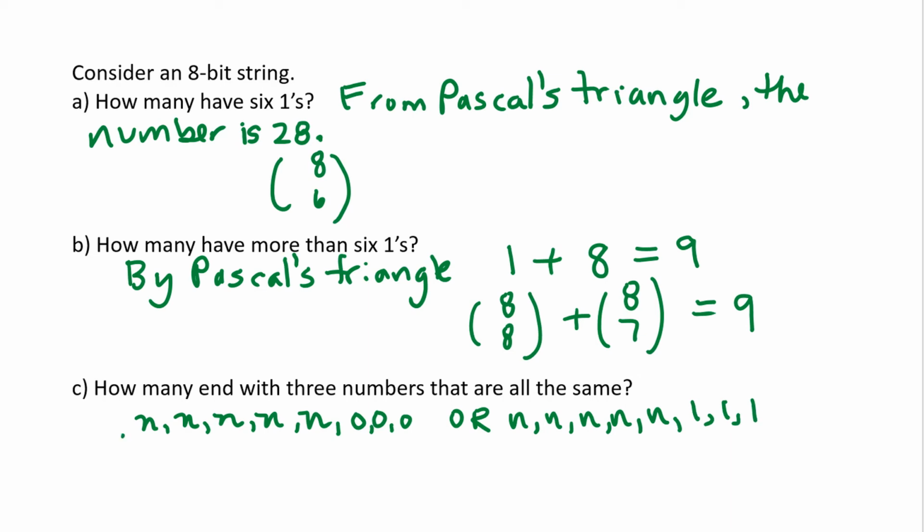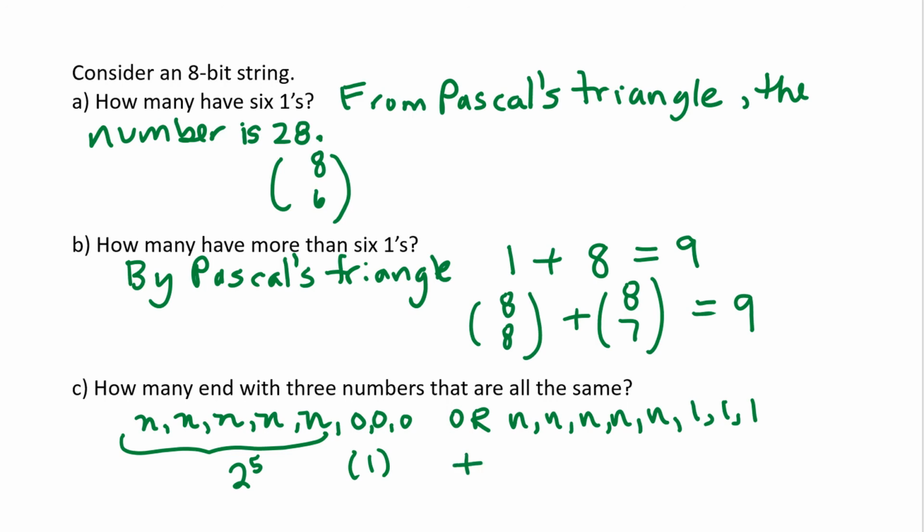Let's note that for the first 5 digits, there's 2 to the 5 different ways in which you can have this arrangement. There is only one way to get 0, 0, 0 for the last 3 digits.